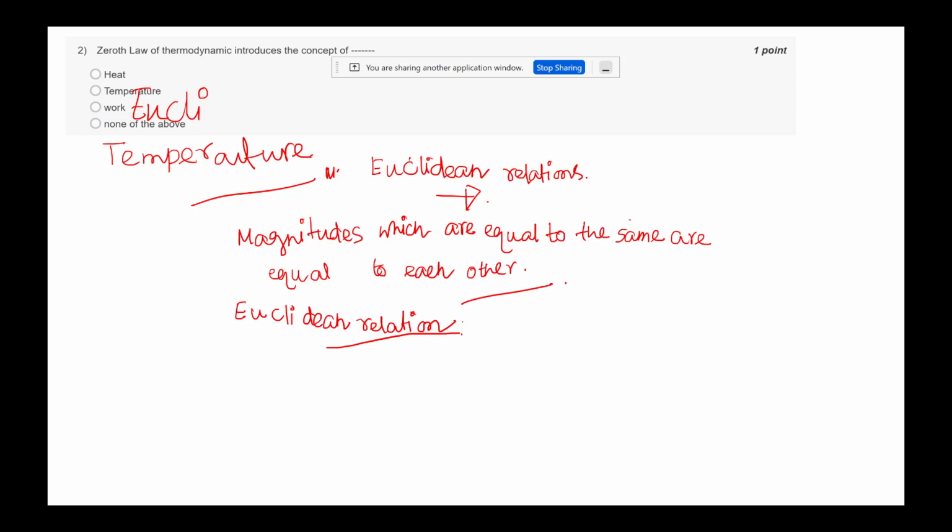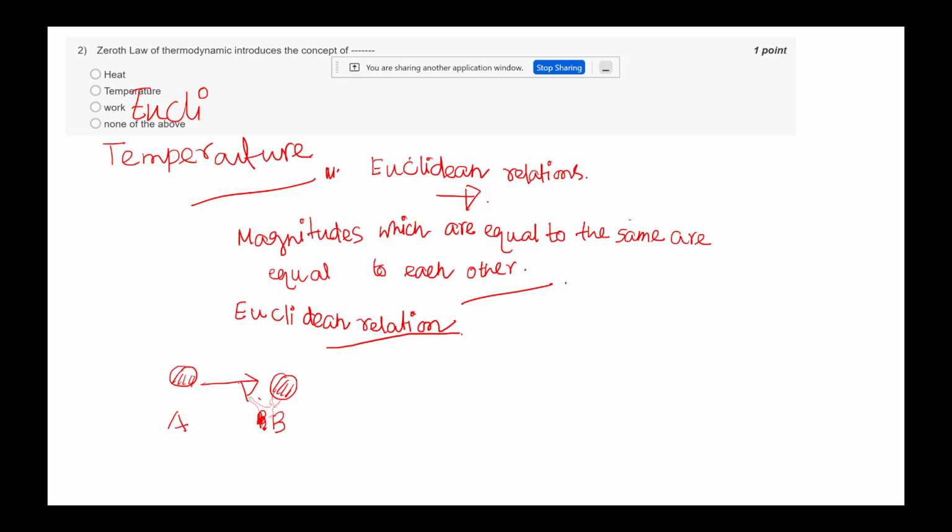Now, when we are comparing two objects, we can assign some binary operation between these two, right? You know from your school days that there are binary operations between two elements, between two sets. Exactly the same thing.